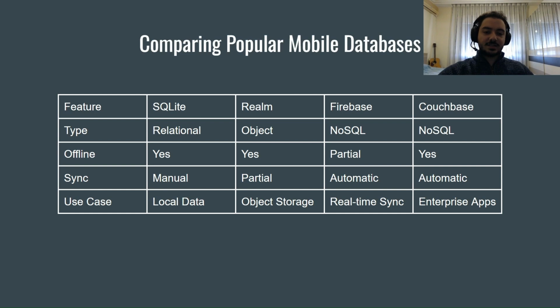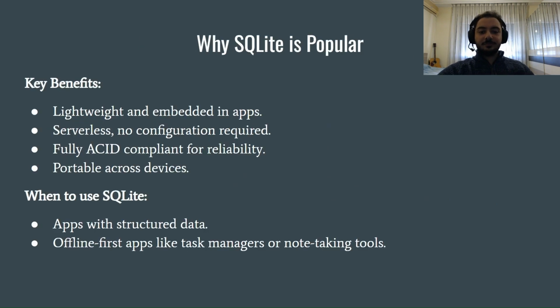Now, I'll be focusing on SQLite because it is a very popular database, right? Now, why is it so popular? SQLite remains the go-to database for mobile apps because it is embedded, lightweight, and serverless, making it highly efficient for offline-first apps.